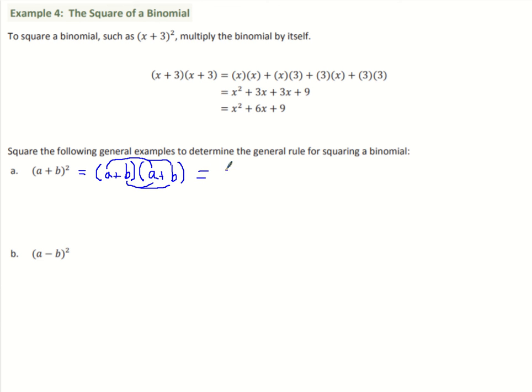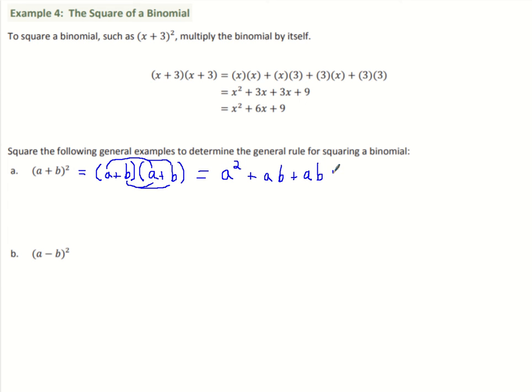So a times a is going to be a squared. B times a is going to be, well, a times b is going to be ab, plus b times a would be ba, but I'm going to write it as ab, just because we already have an ab sitting there.